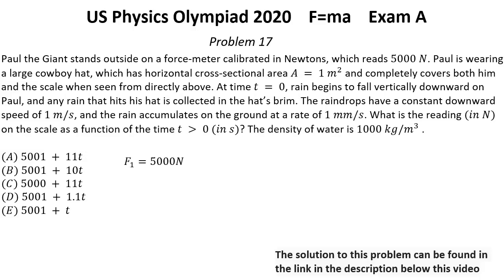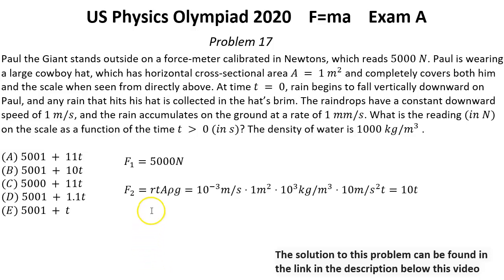Component 2 is equal to the weight of the water collected in the hat. The total volume of water collected is the rate R, which is 1 millimeter per second, multiplied by time, multiplied by the area of the hat, multiplied by the water density, and multiplied by g, which is finally 10 times t.